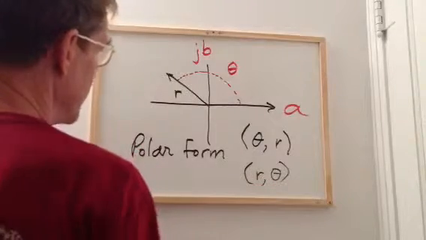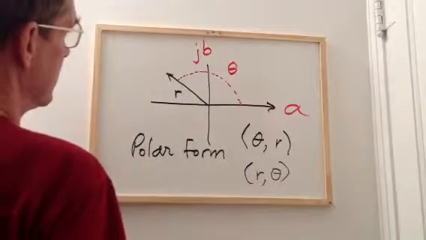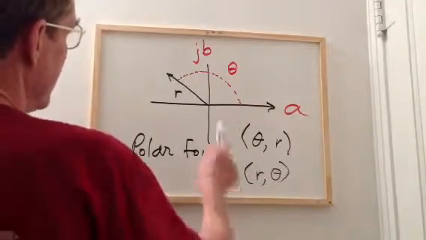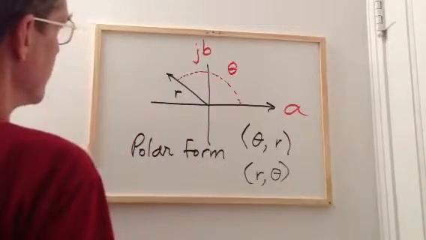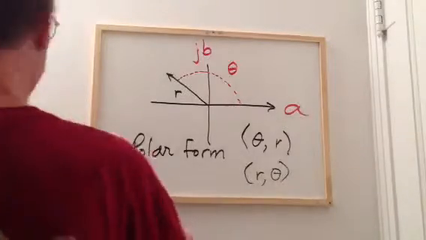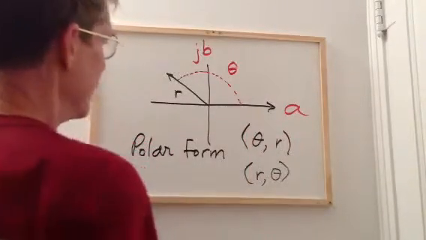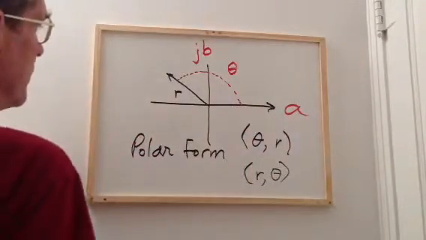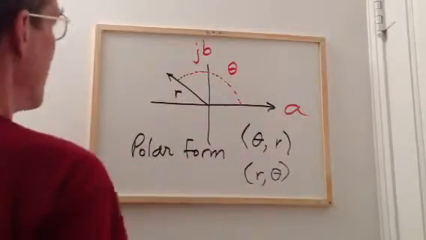Some texts, however, reverse this and would say that the angle depends on the radius. To me, that's intuitively more difficult. But as long as we stay with the same form all the way through, we're fine.